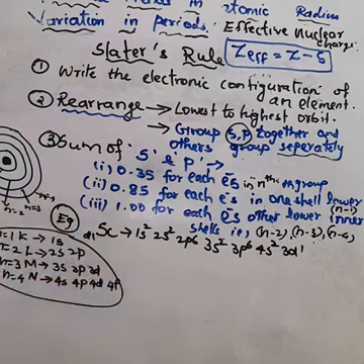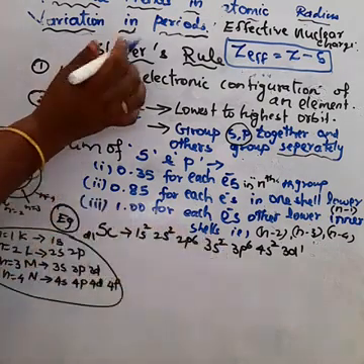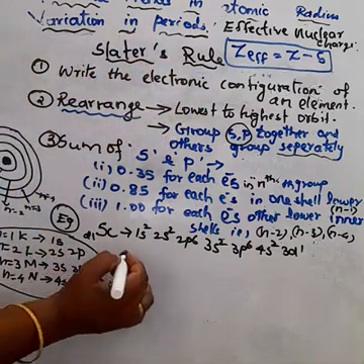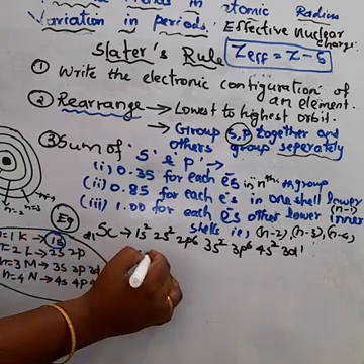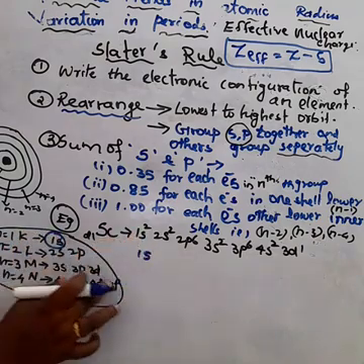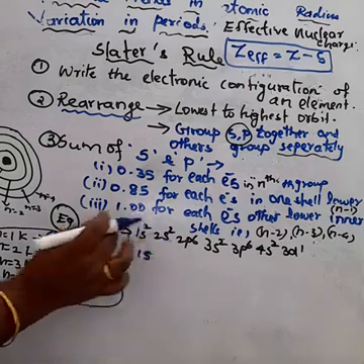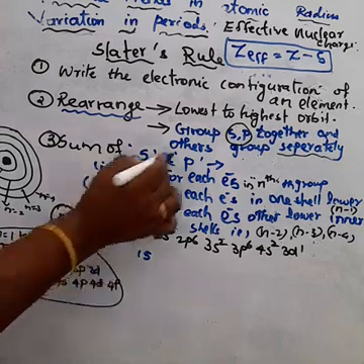Understood? So we can rearrange this electronic configuration based on Slater's rule. First the 1s orbital, that is 1s, 2s, 2p, 3s, 3p, 3d, 4s, 4p, 4d and 4f. According to Slater's rule, the s and p orbitals we can group together.